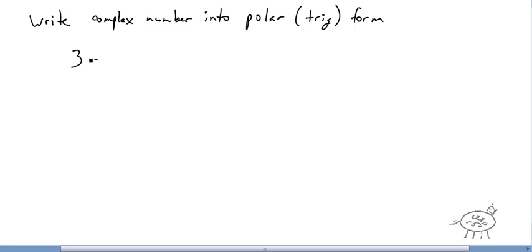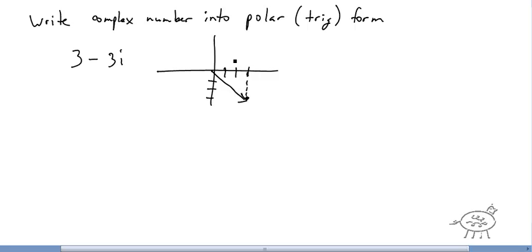All right, so here's your example, 3 minus 3i. So we're going to make a quick sketch because we need to figure out r and theta. And once we have r and theta, we're good to go. So again, this is our real is 3 here, and our complex is negative 3. So here's our coordinate. There's our vector.